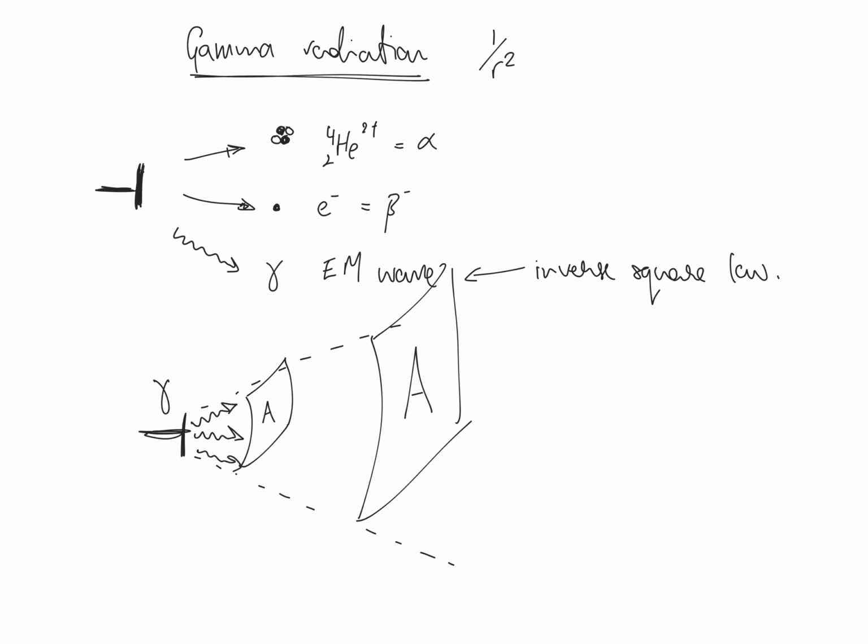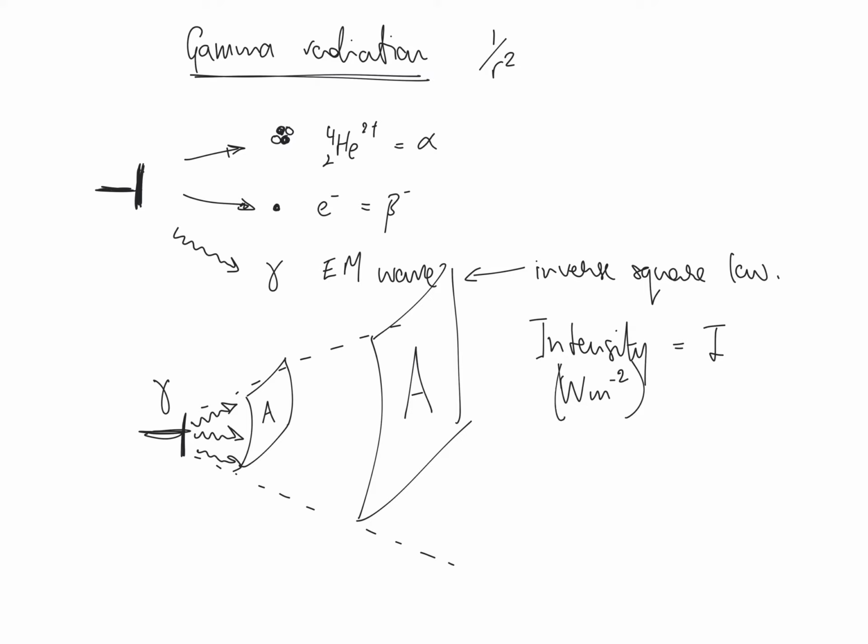Now, before I go into details, it's probably worth getting down some definitions here. Usually we talk about intensity. And with intensity, which is usually given the symbol I, that's measured in watts per meter squared.